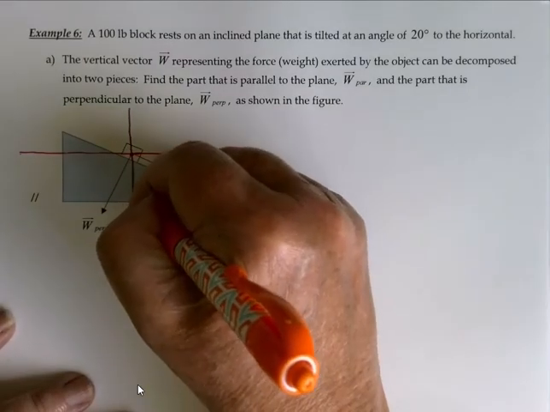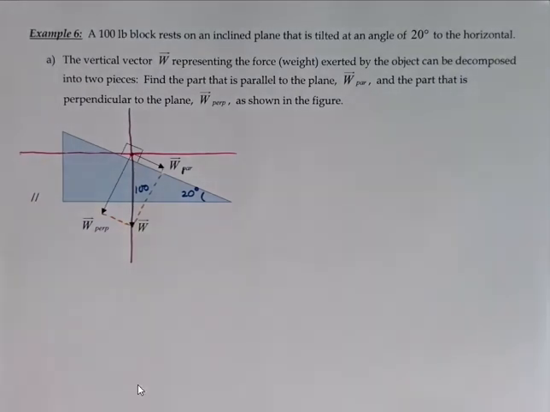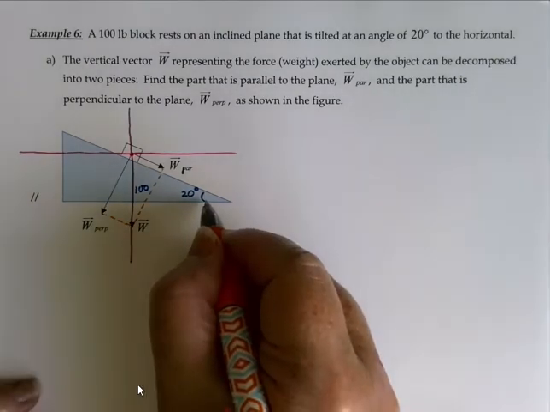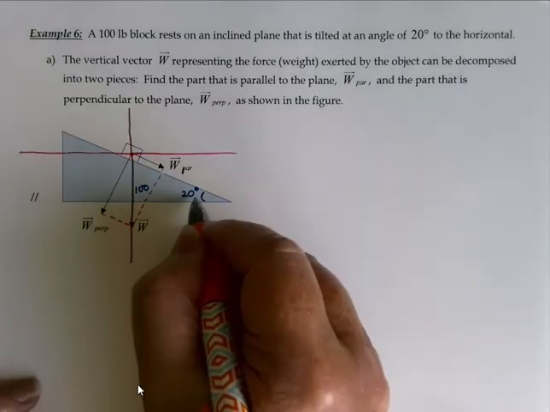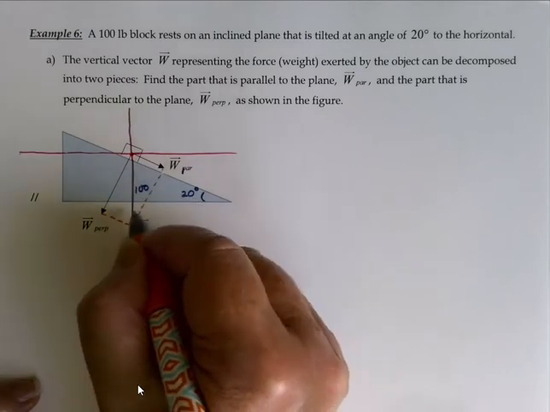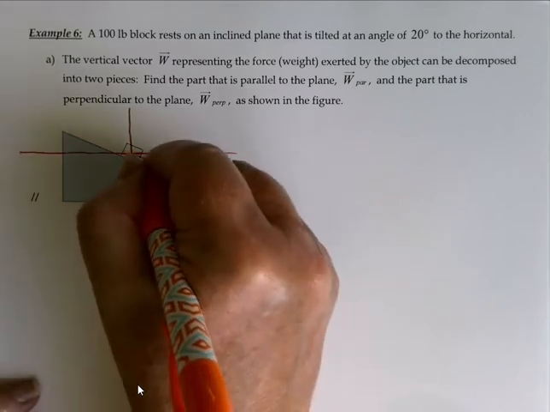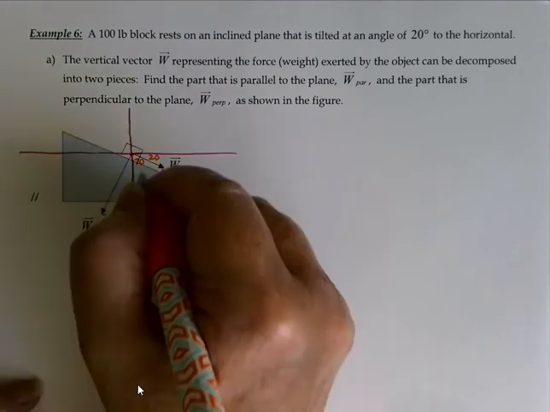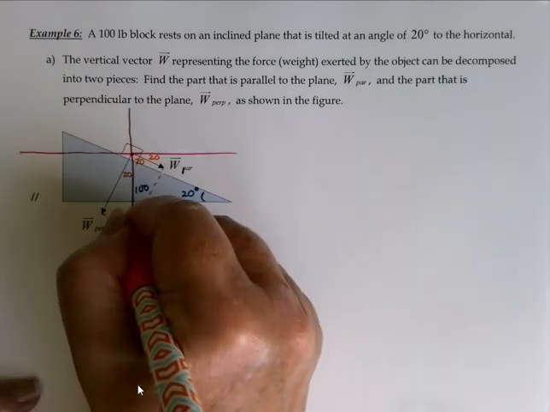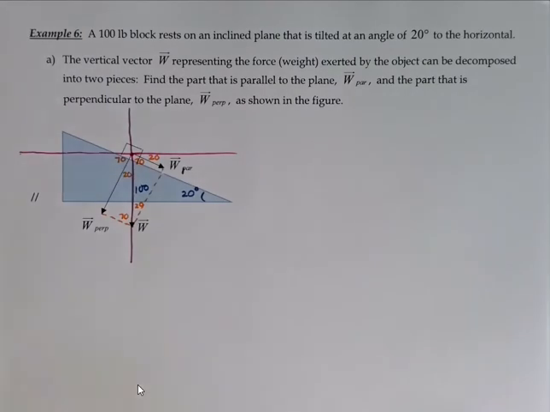Let's drop some perpendiculars there and there. I can definitely see some similar triangles going on here. And so since this is a 20-degree angle, I can see that that would be 20, meaning this would be 70, meaning that that would be 20. Might as well finish. This is 20, this is 70, that's 70. So we've kind of got our angles all labeled.